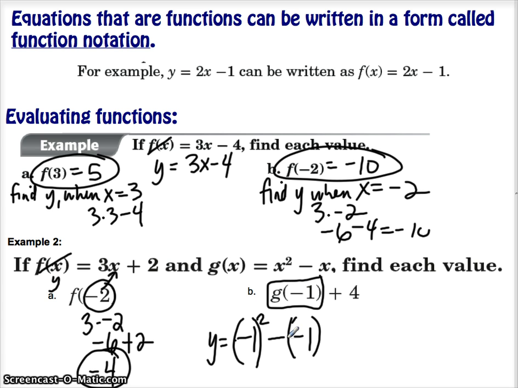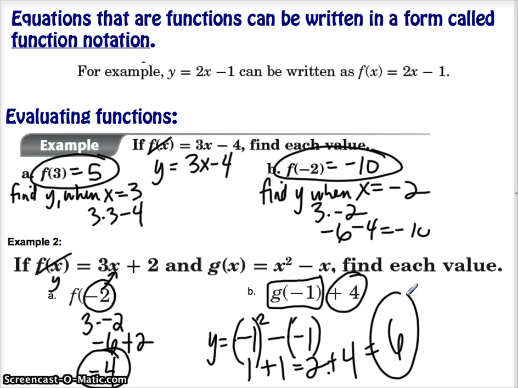Okay, sometimes you have to put it in twice, and that is fine. So negative 1 squared, negative 1 times negative 1 is 1. And then minus a negative 1, negative 1 minus a negative 1 is plus 1. 1 plus 1 is 2. So you have 2 plus 4 equals 6. And that's how you find that.